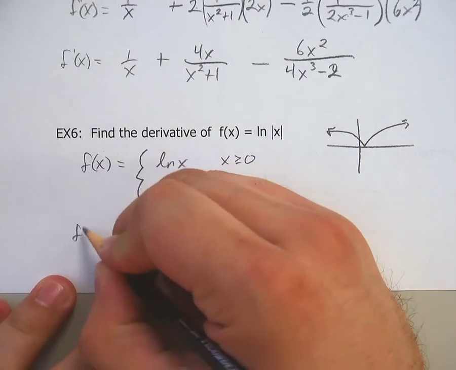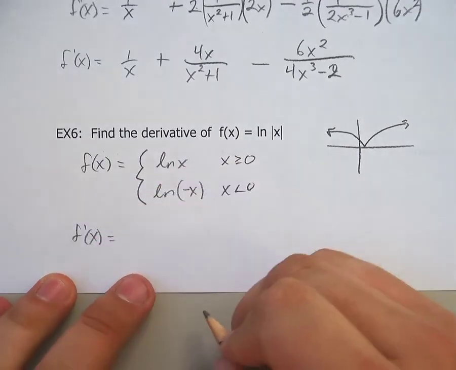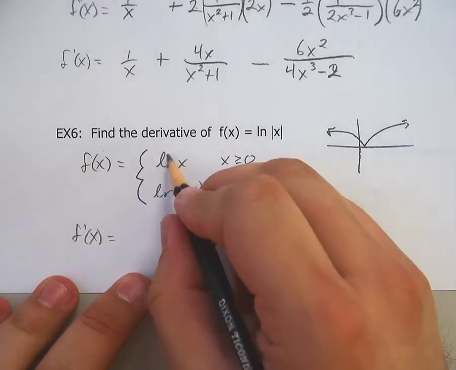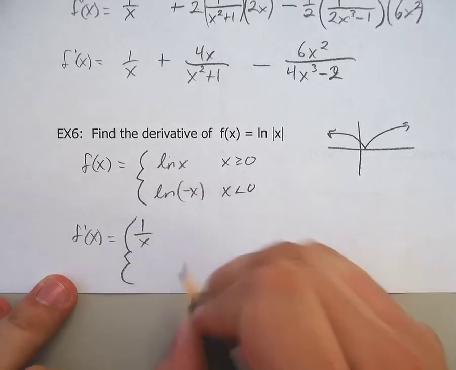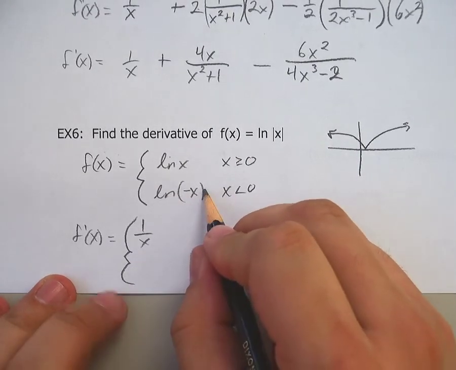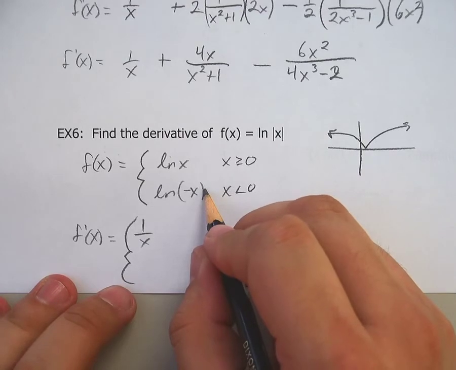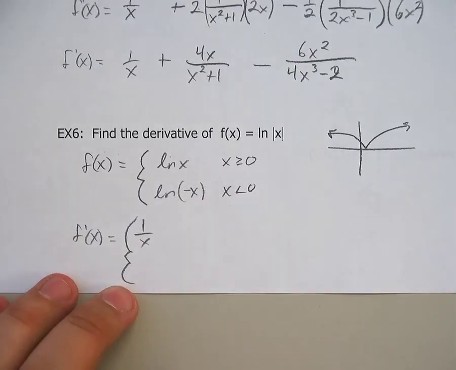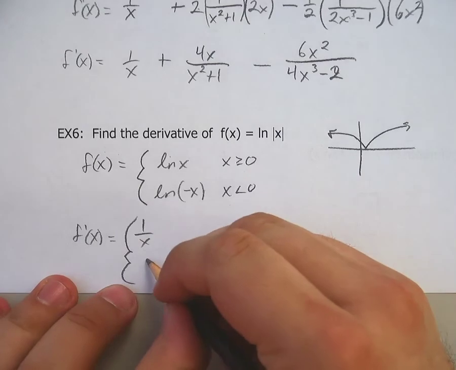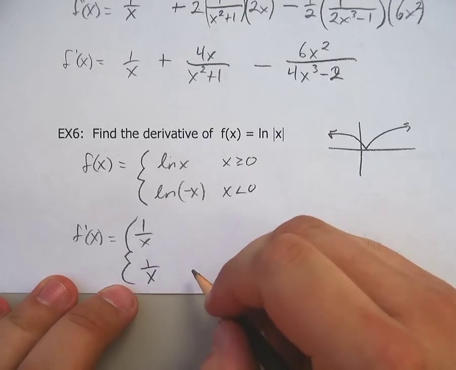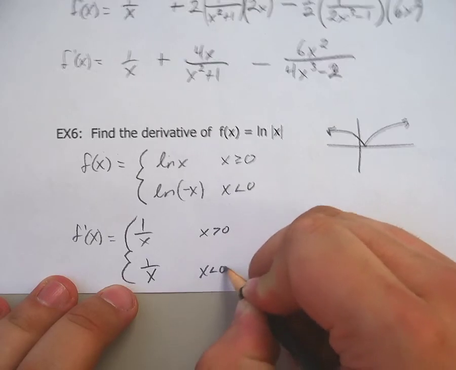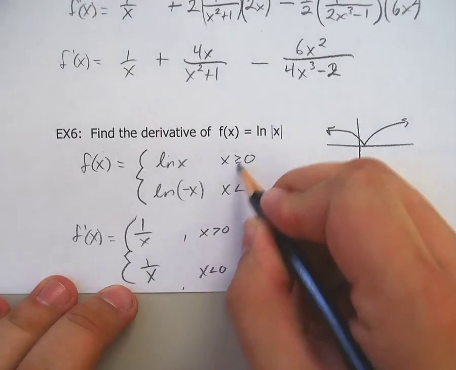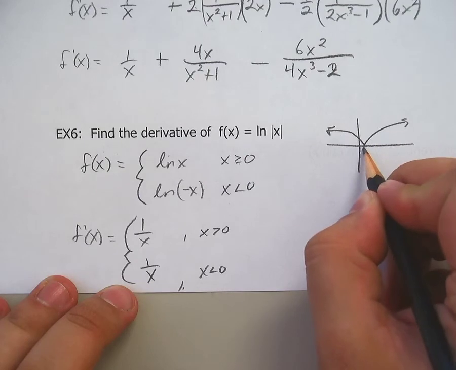So we take the derivative. Derivative of the natural log is 1 over x. Derivative of the natural log of negative x. Well, since we're dealing with the absolute value here, we're looking at 1 over x. And that's when x is greater than 0, x is less than 0. Remember, I drop the equal to sign when I take a derivative because this is a cusp, so it's not going to be equal here. Oh, that's 0. I'm sorry.